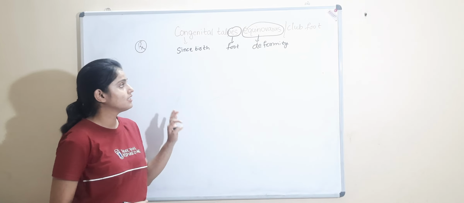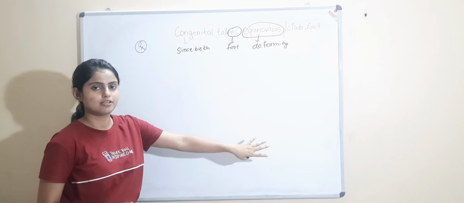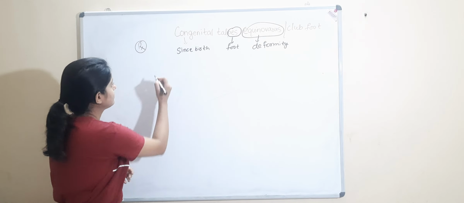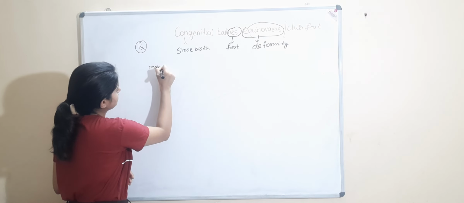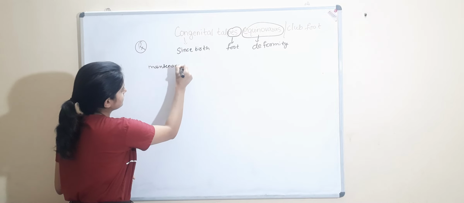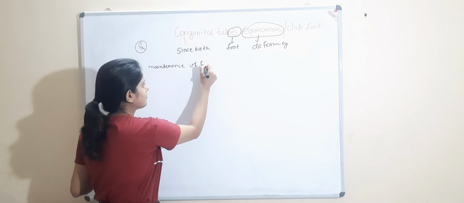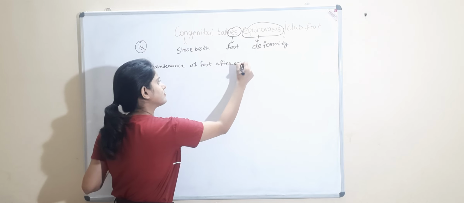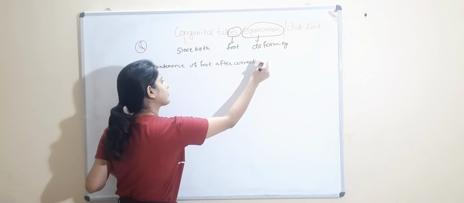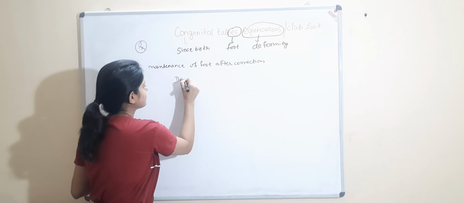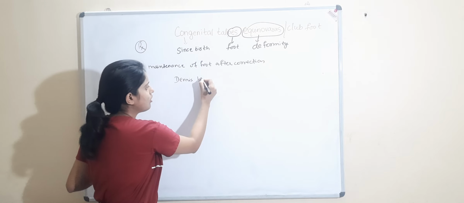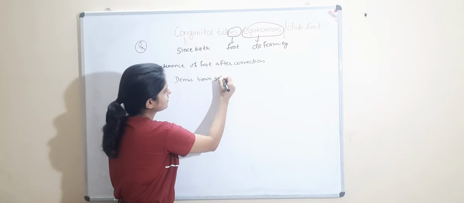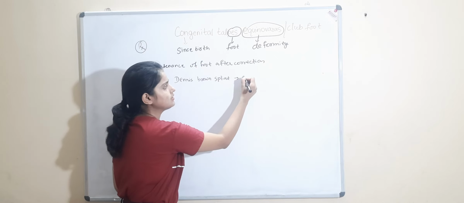After achieving correction with Ponseti method, we have to maintain the foot. For maintenance, we use Dennis Brown splint for 1 year.